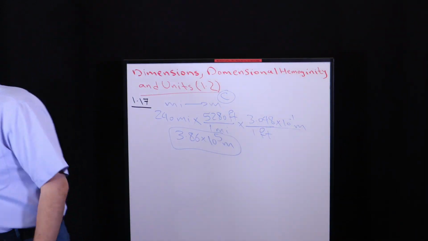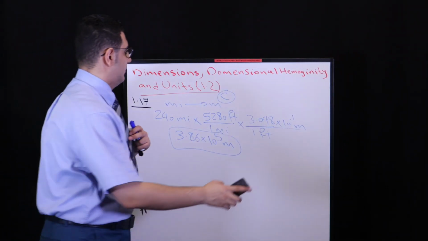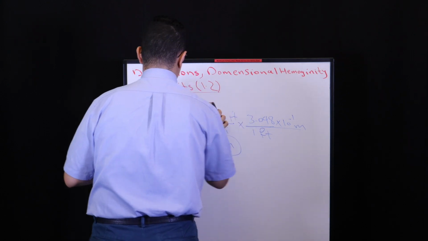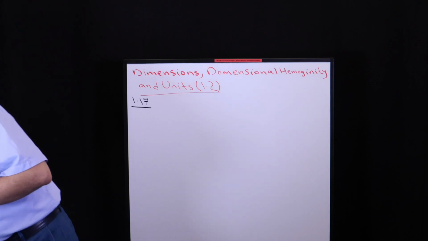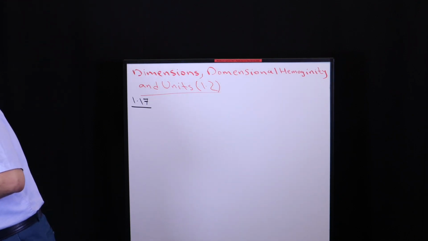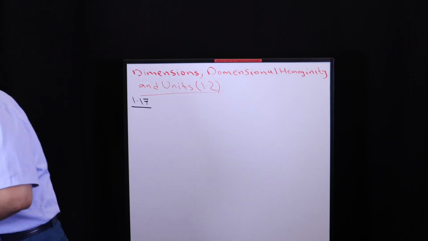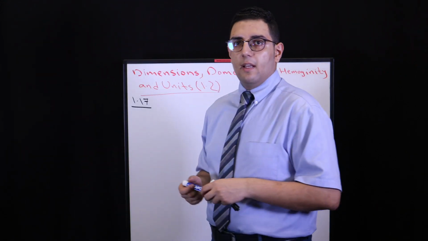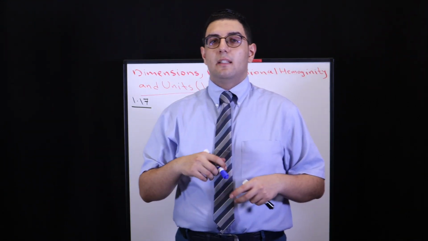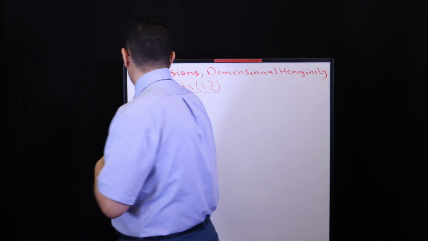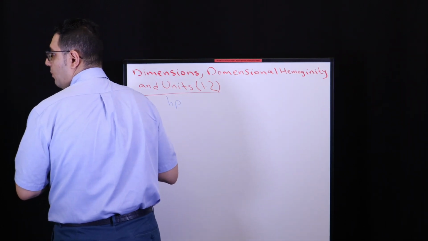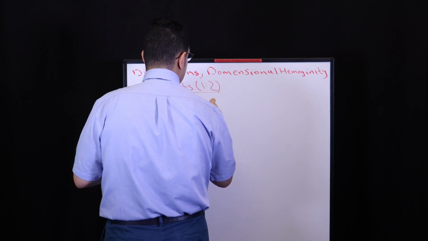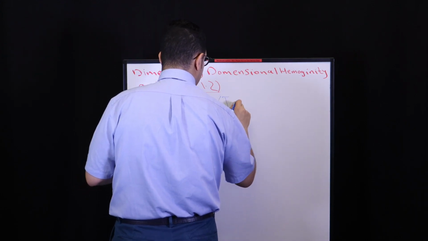So let's go for the fourth part. The fourth unit conversion is related to power, horsepower to watt, which is joule per second.